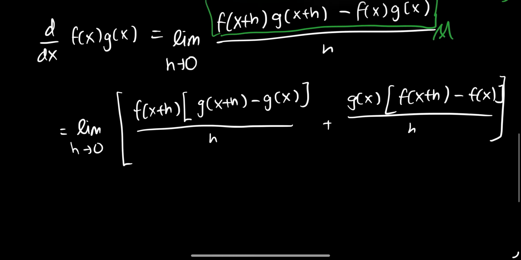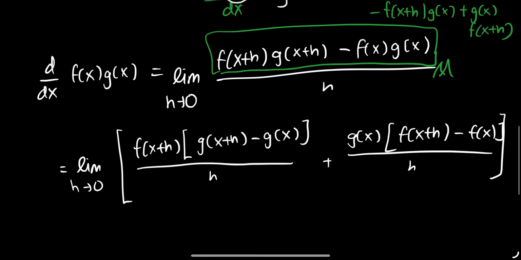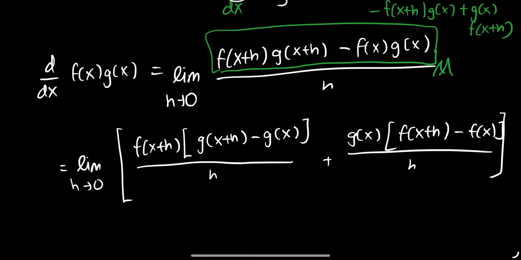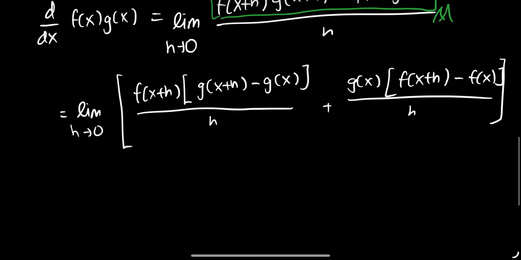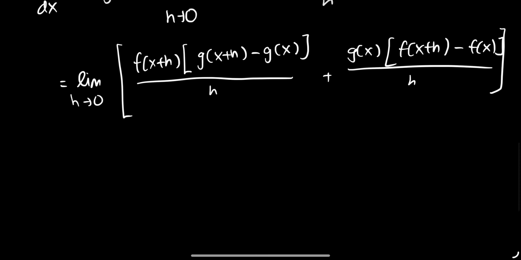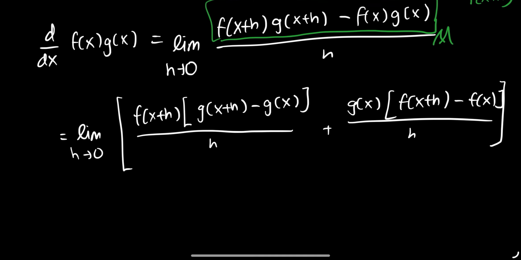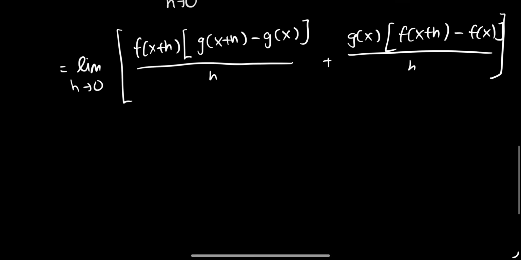This makes sense, right? If you combine them together and you expand it, you notice that it's just negative f(x plus h) g(x) plus g(x) f(x plus h). It just cancels out. We are splitting this function into two different limits, so it's easier to solve.